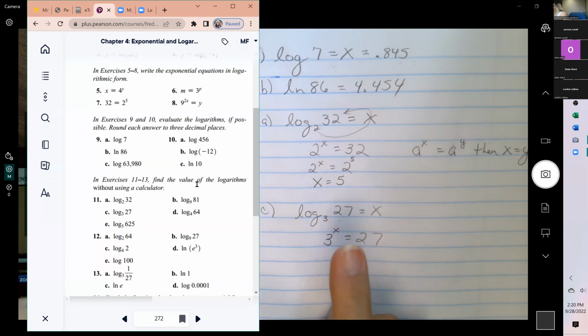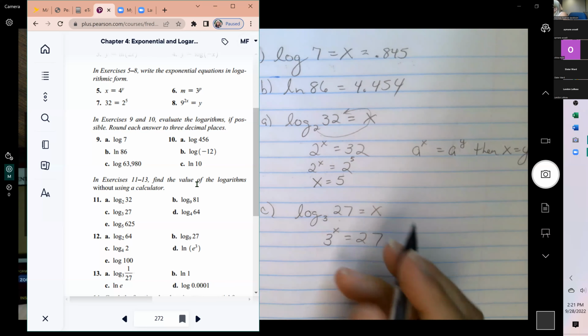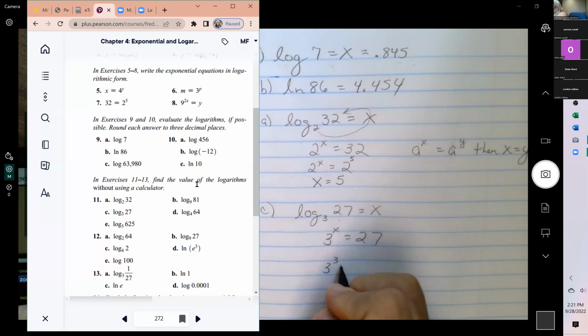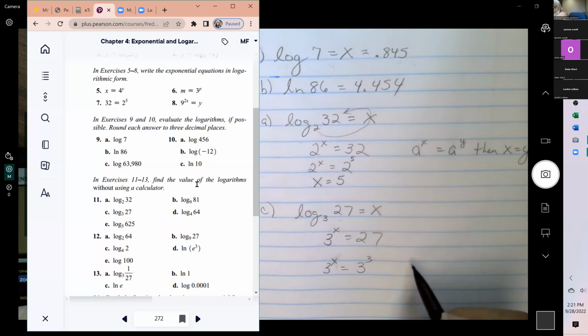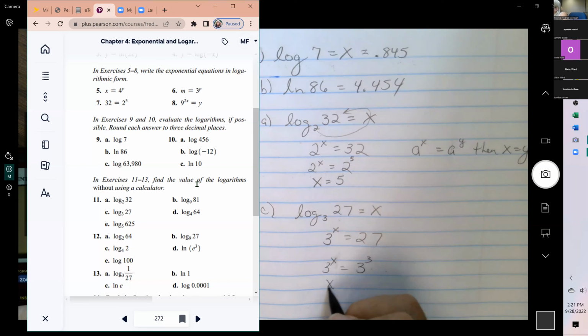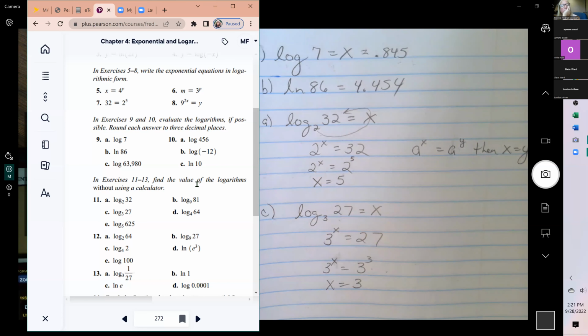Can we write 27 in terms of 3? Three times 3 is 9 times 3 is 27. So x equals 3. Any questions on that?